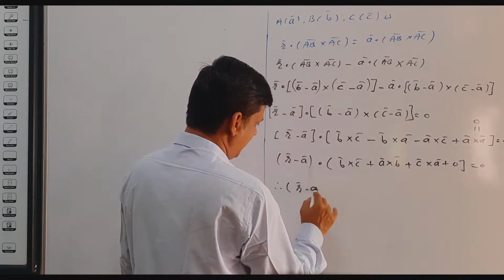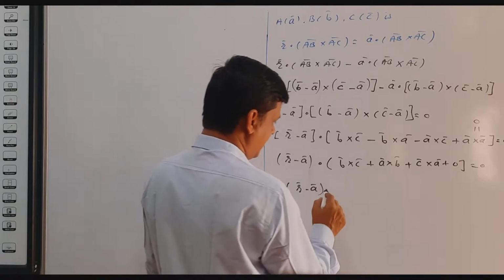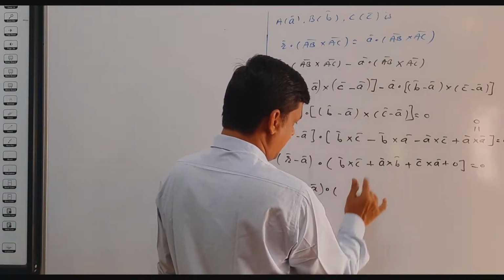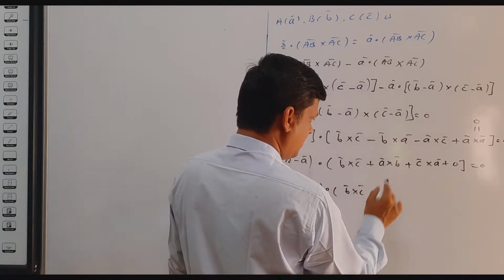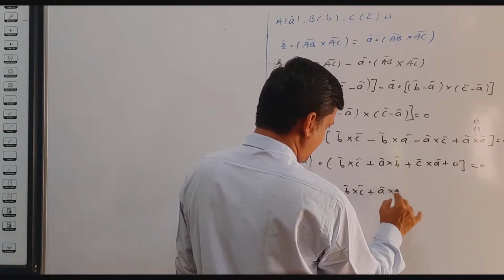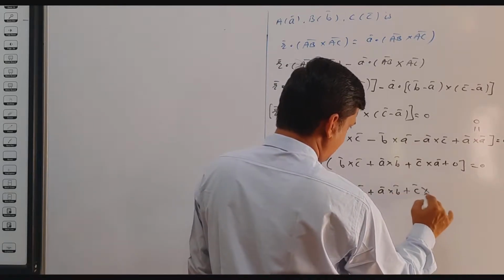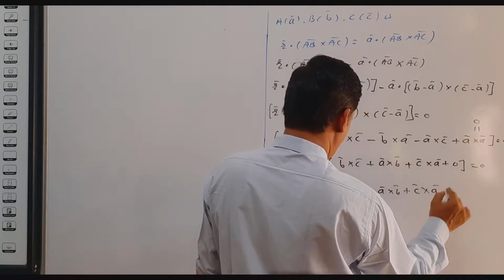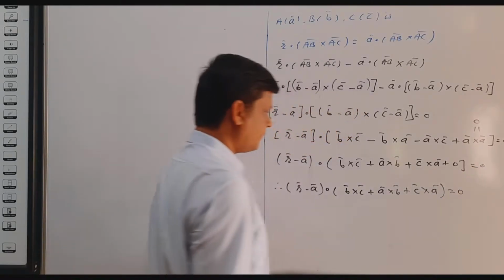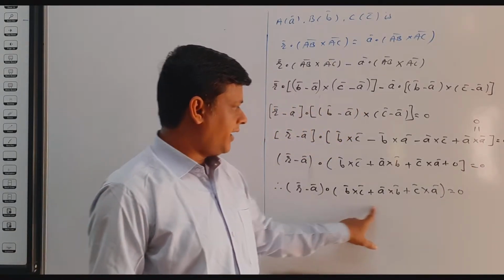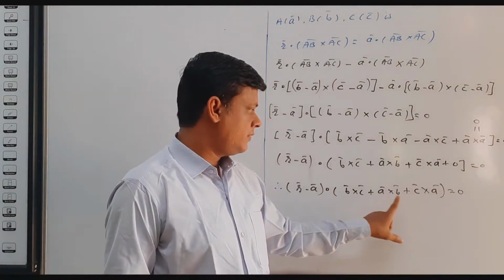Therefore R bar minus A bar dot this B bar cross C bar as it is, then this A bar cross B bar as it is, plus C bar cross A bar as it is, plus 0. So we write 0.